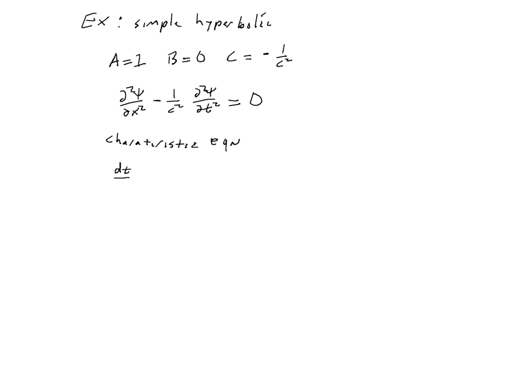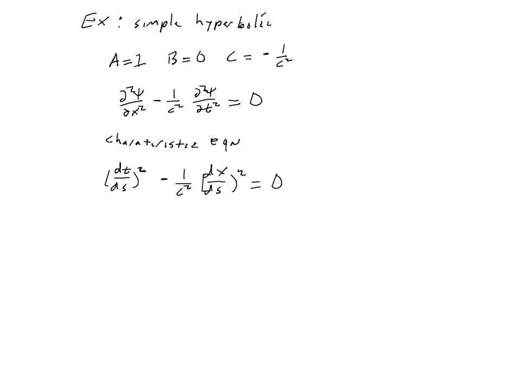Then you have (dt/ds) squared minus 1 over c squared (dx/ds) squared equals 0. Okay, so that's just basically solving the characteristic equation.